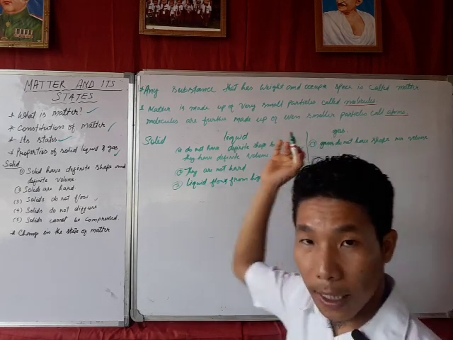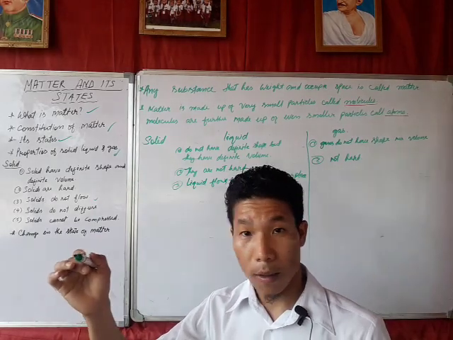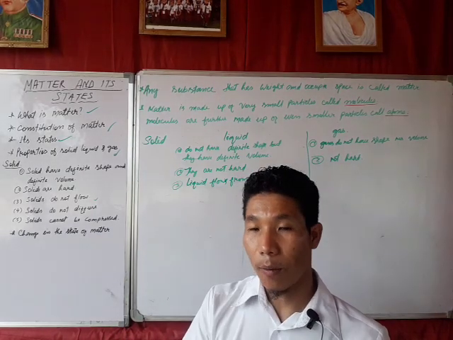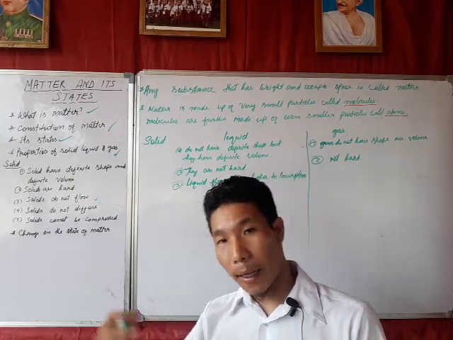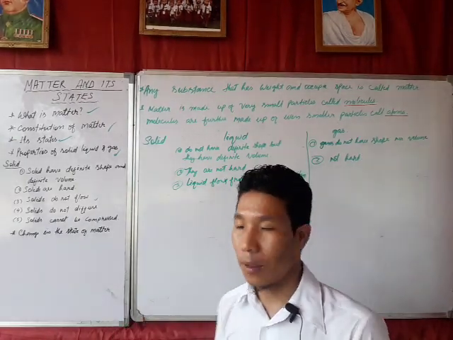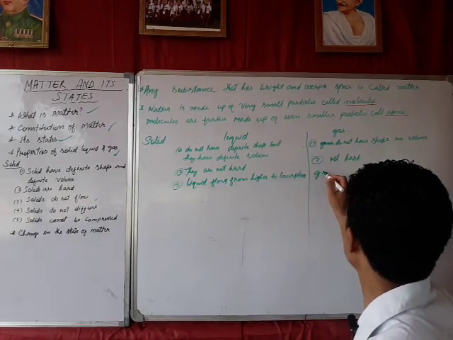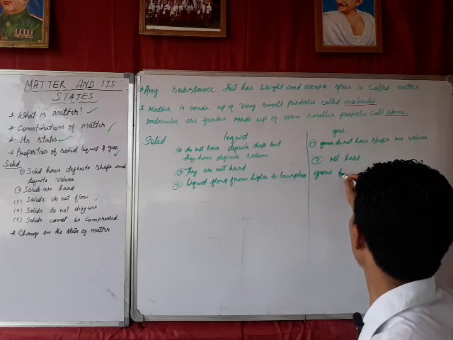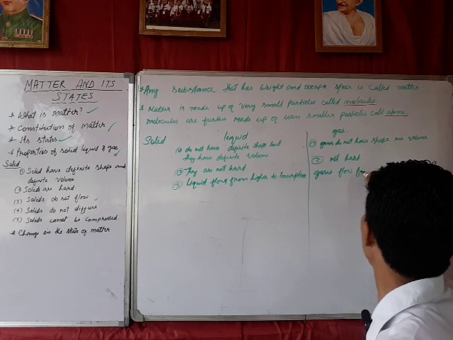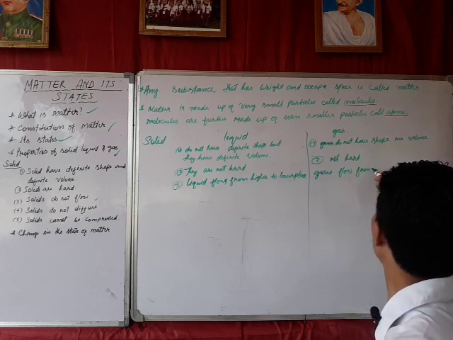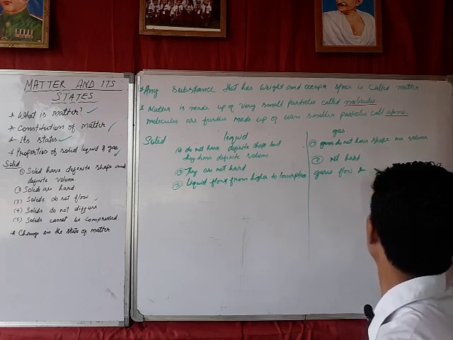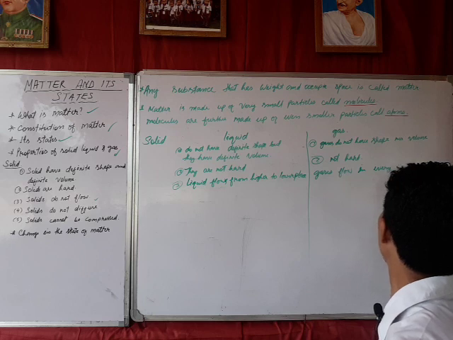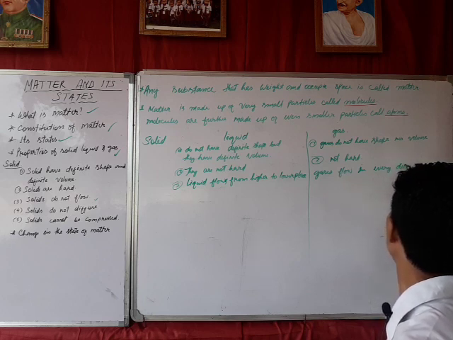What about gas? Yeah, correct, gas flows. If I spray, it flows, is it? But how do they flow? It is quite different from liquids. Gases flow in every direction.